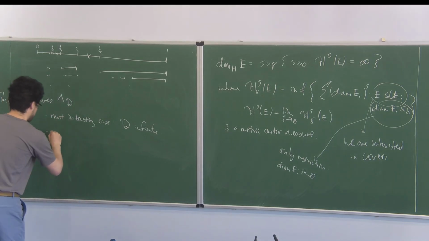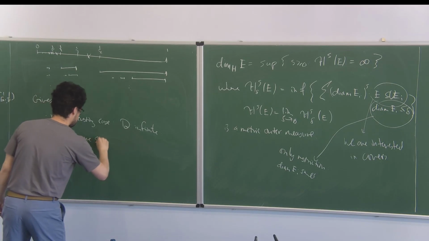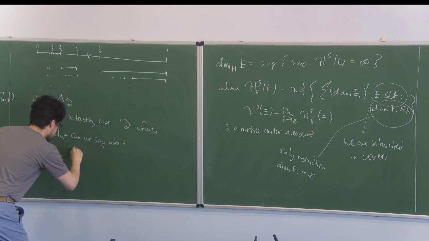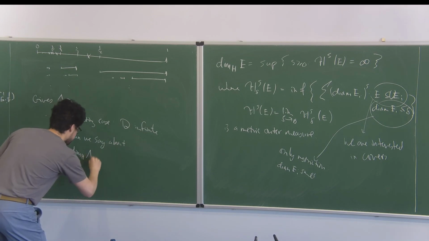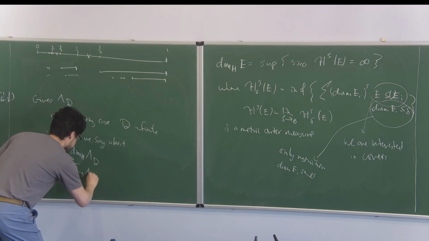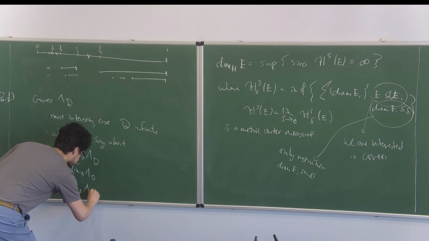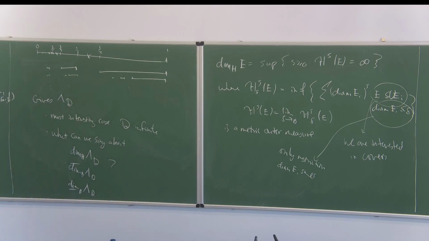The question is, what can we say about the Hausdorff dimension of lambda d, the upper box dimension of lambda d, and the lower box dimension? And when I say what can we say about these things, well, the best thing would be to be able to say what these numbers are in terms of d.